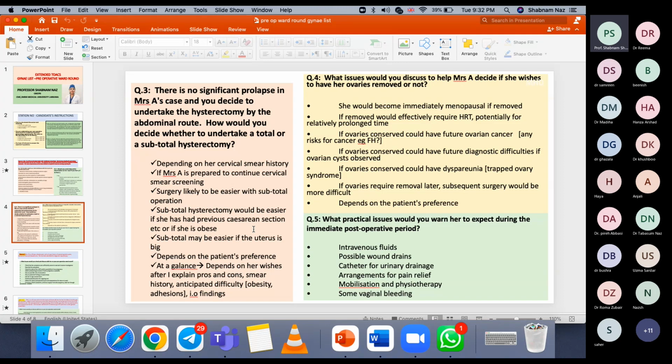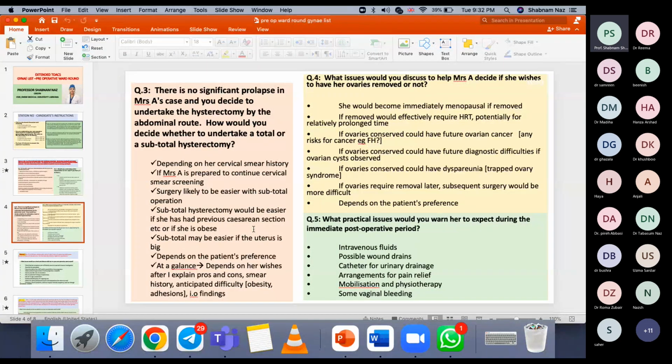So it depends on the patient's cervical history, her wishes, her weight, the BMI, her previous surgeries, and her compliance, whether she is willing to continue cervical screening if we leave the cervix. And subtotal hysterectomy is easy if there is a bigger uterus. Okay, you have to put these points in your mind.